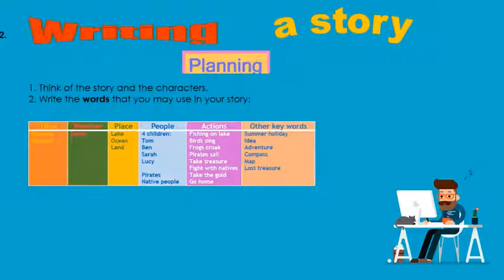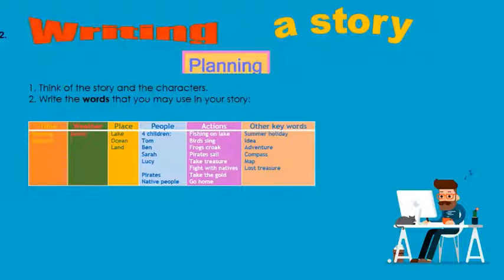So in this table I have jotted down all the words of the story. So for example, for the time I have written there the words morning and summer. For the weather I have written sunny. So what was the weather like? It was a sunny day.